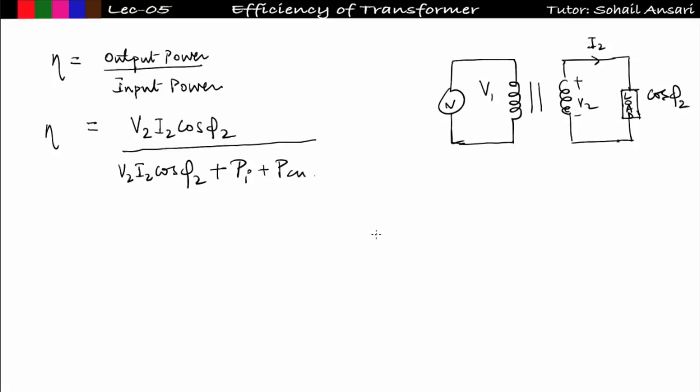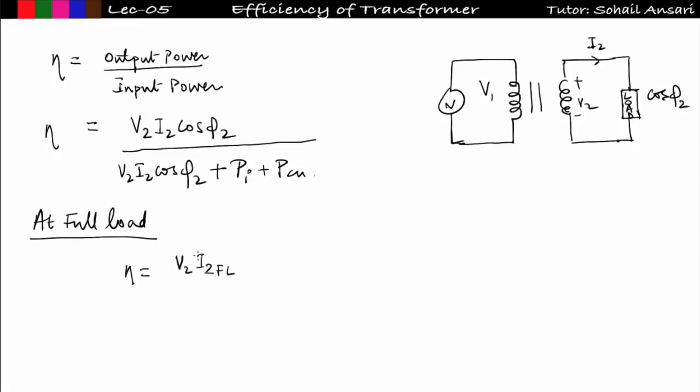Here I am not saying this transformer is working at full load or at half load. Now let us say this transformer is working at full load, then the efficiency will be equal to V2 I2 at full load only. The load current flowing at full load will be the rated current, right?